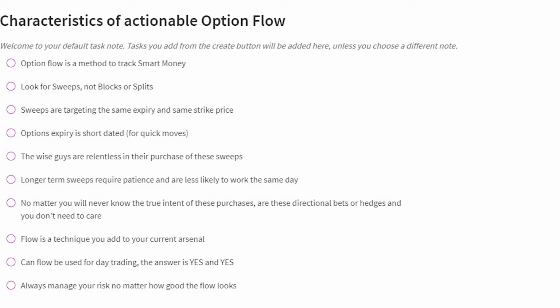Because for that you need to understand what the mechanics of an option trade are. So, for example, when somebody buys an option, the market maker, in order to keep the market fluid, needs to sell them the options, and when they sell them the options, they are delta negative.